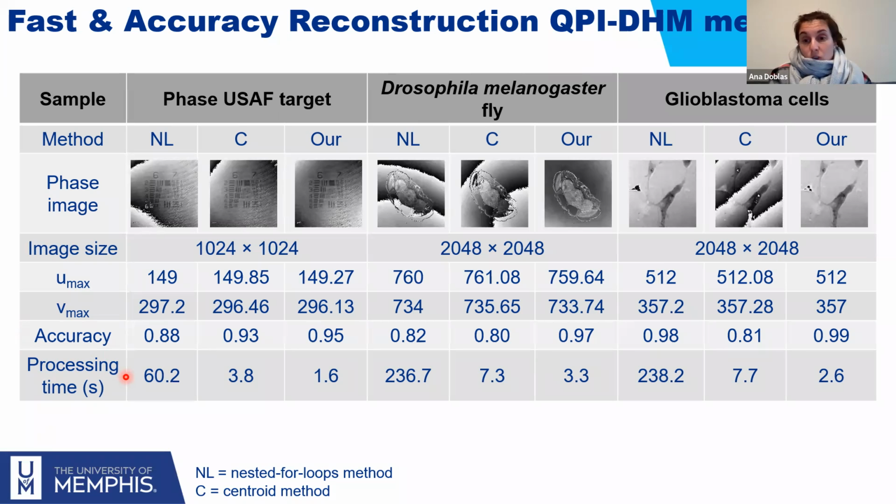So that's how we measure the accuracy. For our method, the accuracy is at least 95%. So that's a pretty good accuracy. The other methods are definitely providing less accuracy for estimating the result.